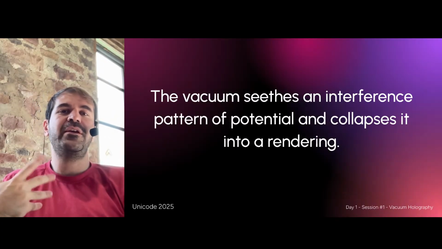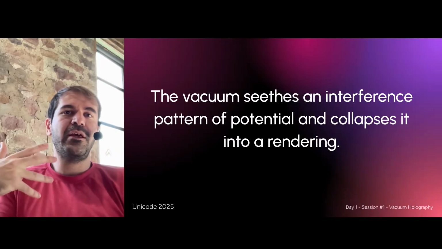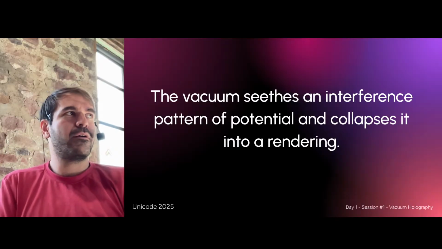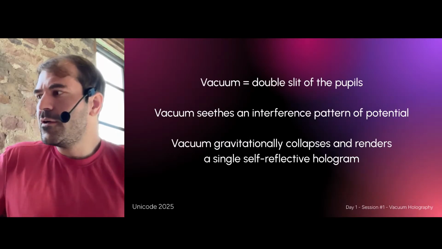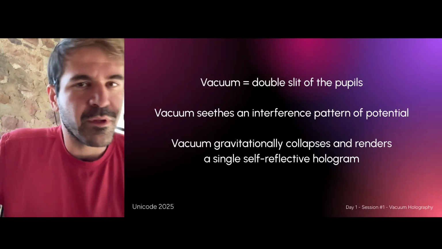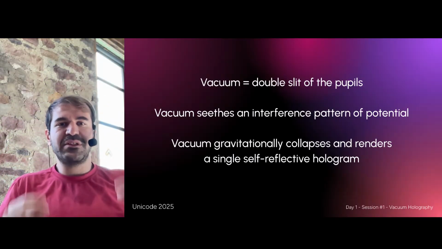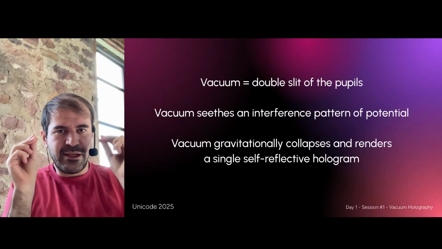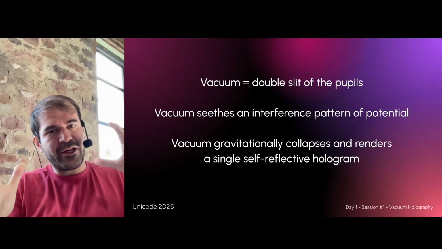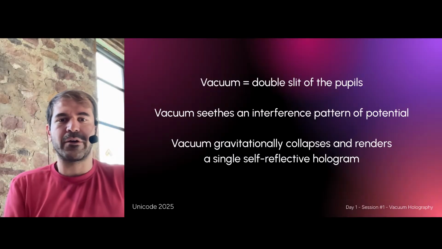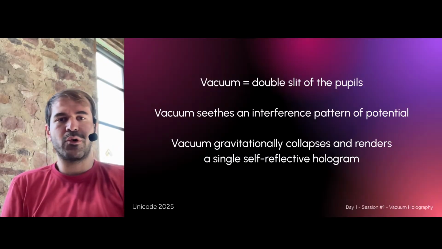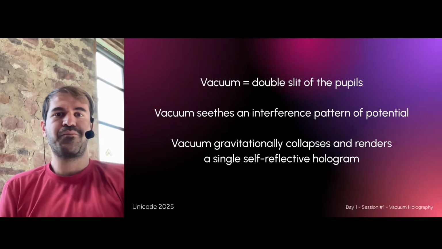This infinity, infinitely decohering, through its own play. So the vacuum is the double slit of the portals. The vacuum is seething an interference pattern of potential, and the vacuum is gravitationally collapsing and rendering a single self-reflective hologram. And we'll get to the no-code display principle here in a little bit.